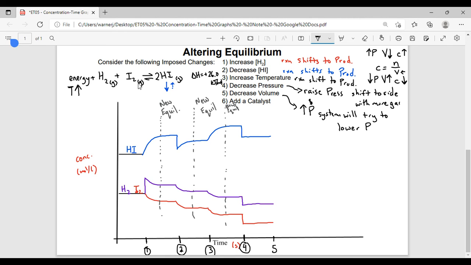We're going to be working with rigid containers, so the system's not going to change the volume of the container. If we have decreased the volume of the container, the system can't go and up the size of the container it's in. It's just going to have to deal with the pressure change. So decreasing the volume means we increase the pressure, so the system tries to lower the pressure, which means shifting to the side with less gas.